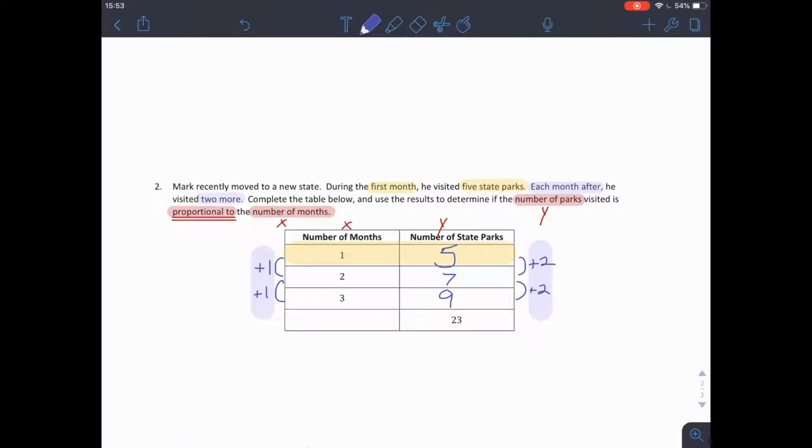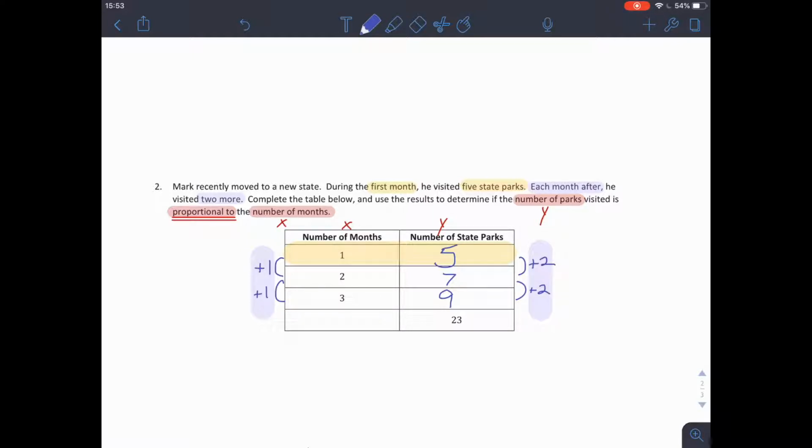The first strategy is that I can draw a separate table and extend this out going month by month until I find at what number month I have 23 state parks. Think of it as counting up by our 2 state parks each time and then keeping track of how many months went by for that.